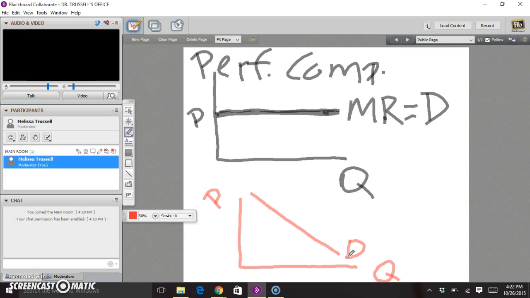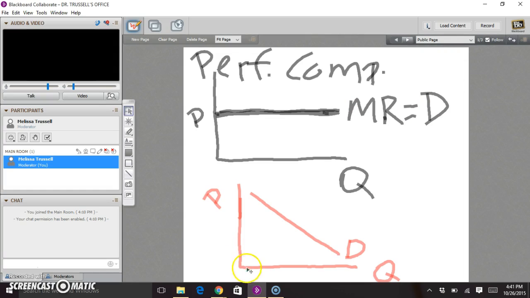So for a monopolist, demand is the downward sloping demand curve that we're used to from the first couple of chapters of the book before we started talking about aggregate demand. So the question now is, what then happens to the marginal revenue for a monopolist? We know that at perfect competition, the marginal revenue equals the demand. What about for a monopolist?